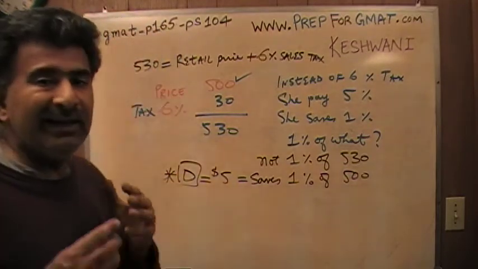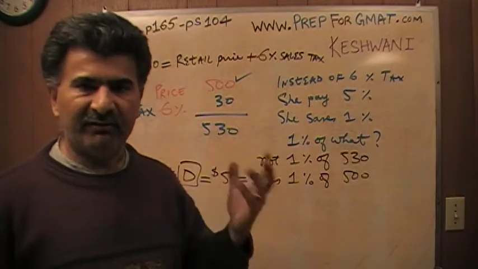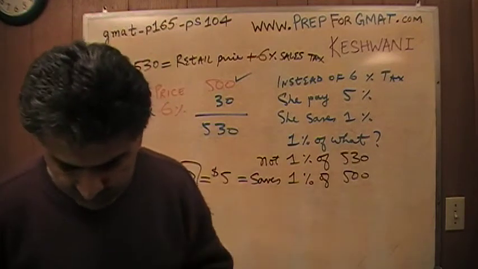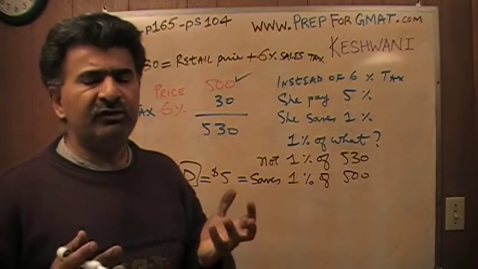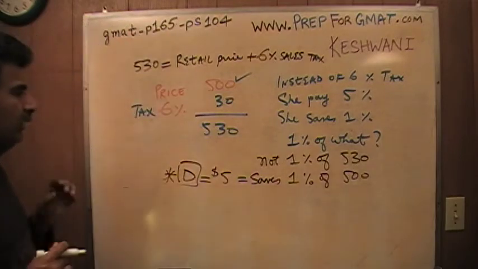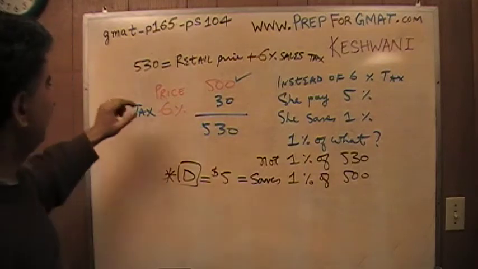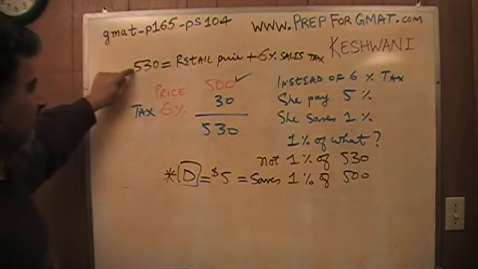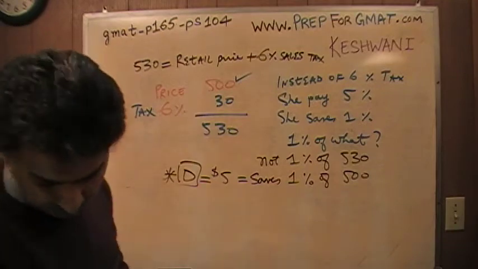For one thing, that's too simple. If you're doing 1% of 530 and picking $5.30 as answer choice E, you're being a sucker. You have to ask yourself, it cannot be that simple. Put some thought into it. She saves 1% of the retail price. The retail price is not 530. The retail price is 500.